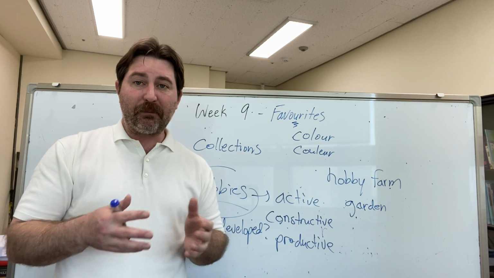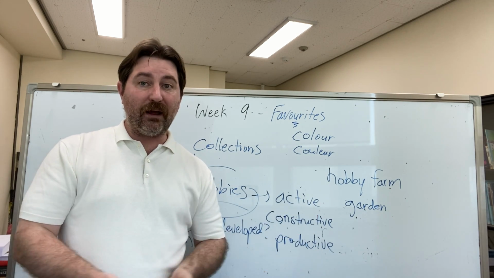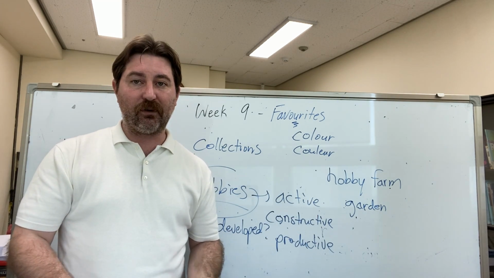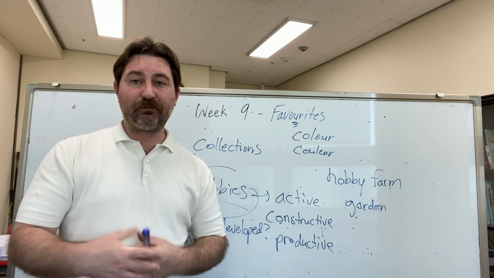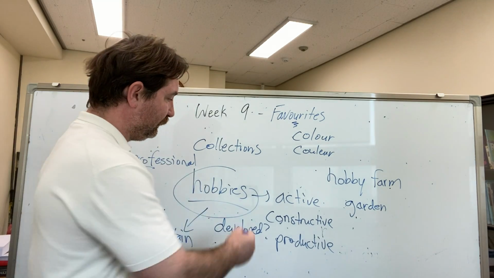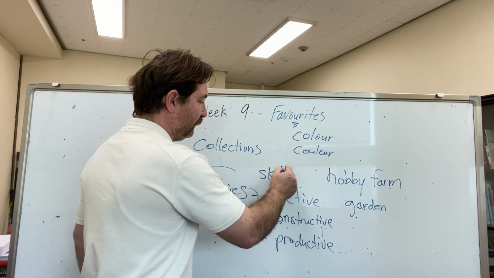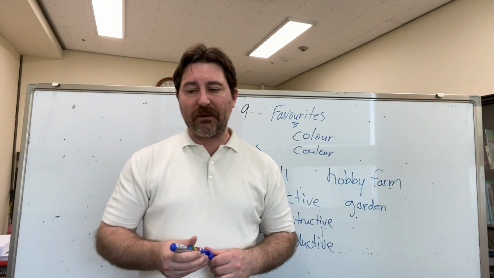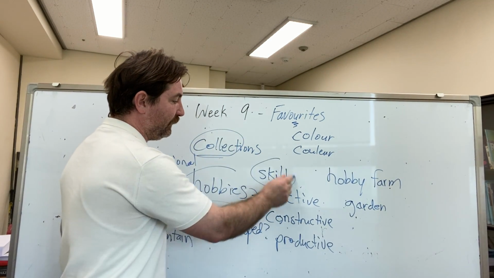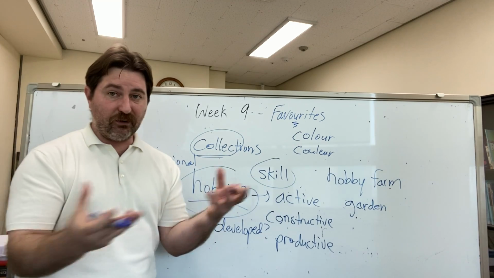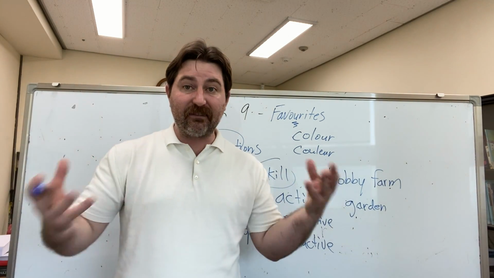So a hobby is something that you do for a while, like at least a few months or maybe a few years. And then you develop a skill, right? Another word that you might associate with it is that if you do a hobby, perhaps you're collecting something, which means that you're gathering something, and that takes a while.